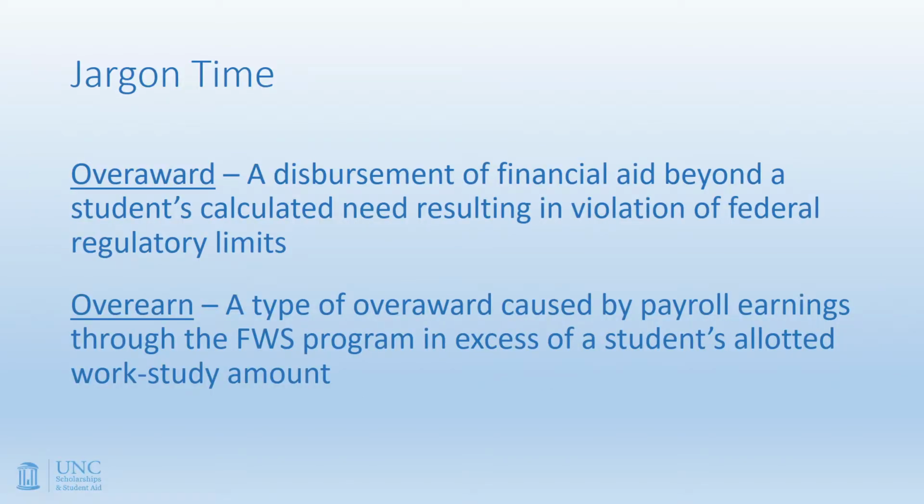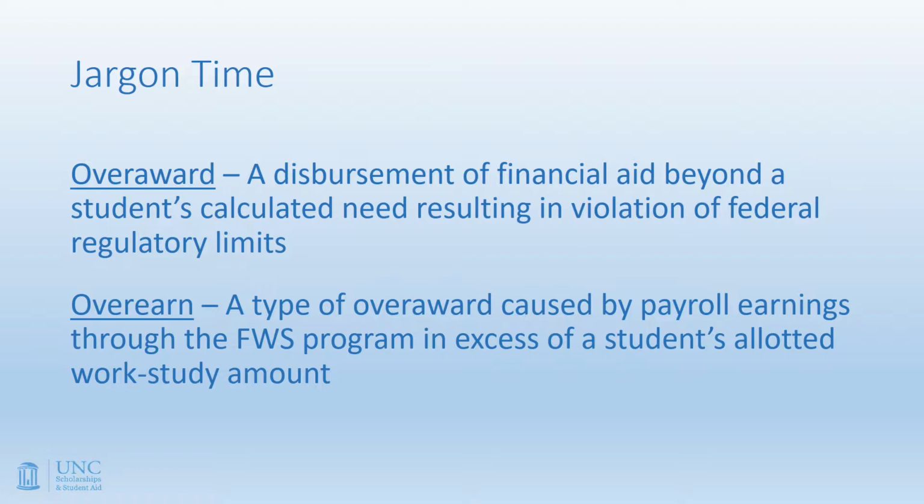So, jargon. Two terms that you'll want to be aware of that we will utilize in this presentation are over-award and over-earning. An over-award occurs when a student receives more financial aid than allowed under federal, departmental, university, or other program regulations.